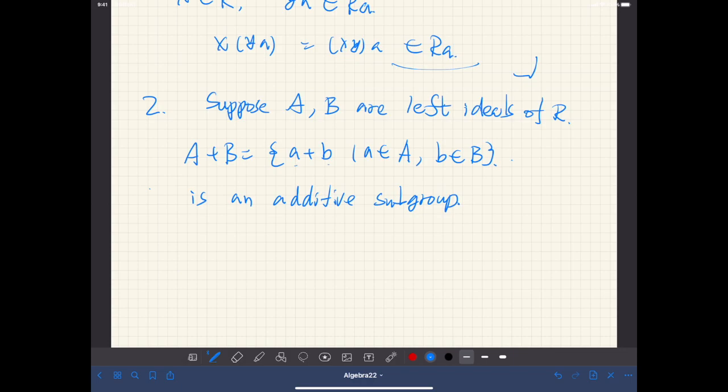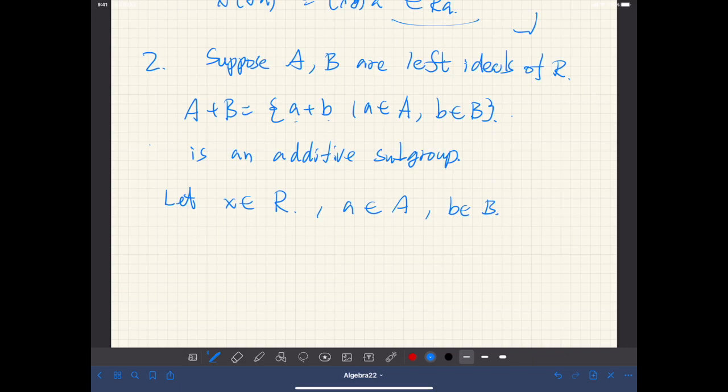So anyway, let x be any element of the ring, a an element of A and b an element of B. Then x times (a plus b) is xa plus xb.